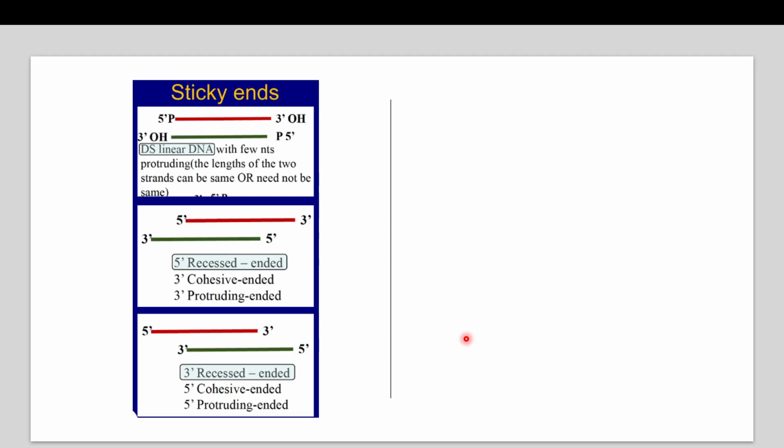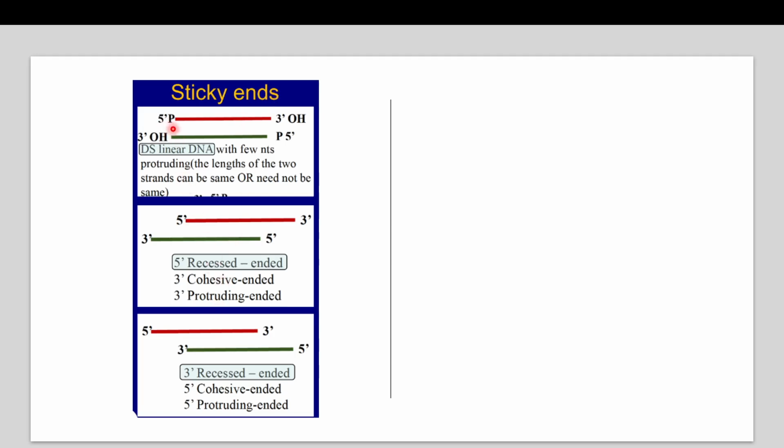Now, restriction enzymes can act at specific sites, so they can create different types of ends. Sticky ends are the ones which create overhangs. So these are not blunt-ended DNA sequences. In the case of sticky ends also there are various types.